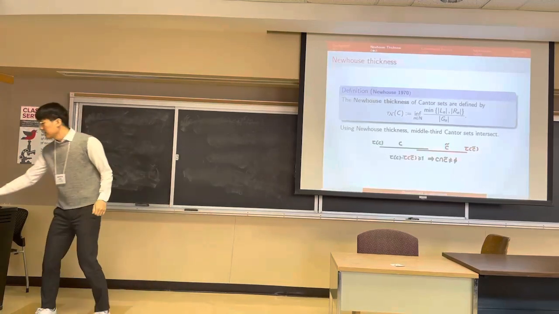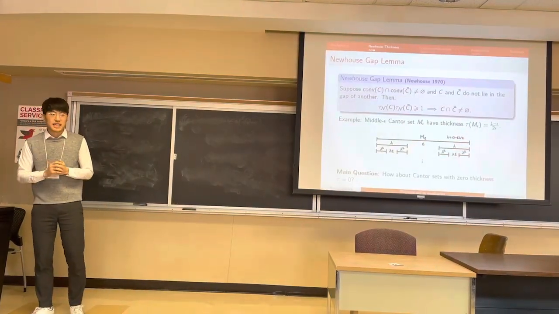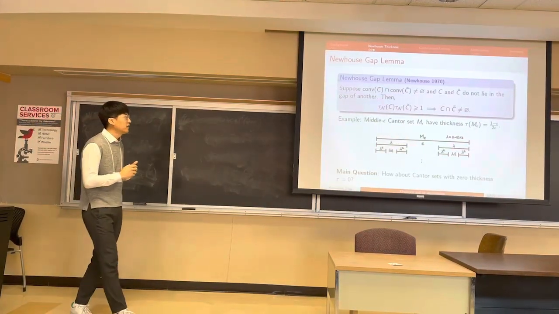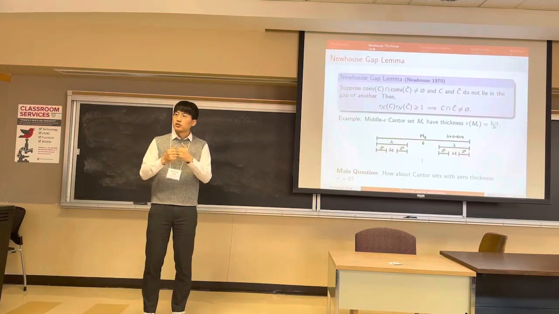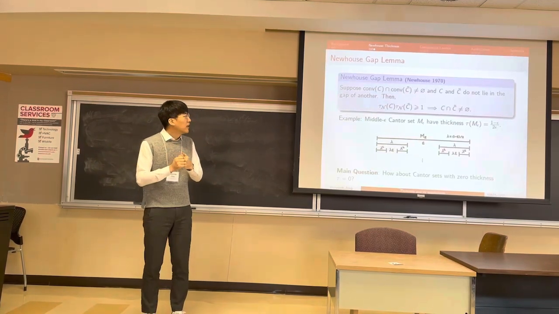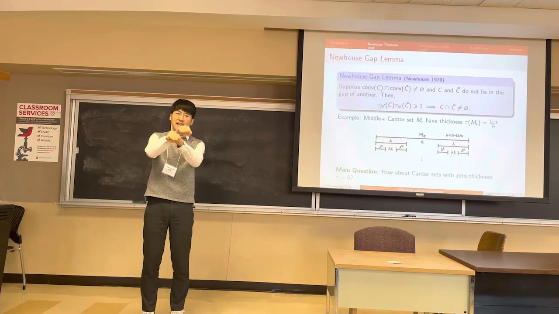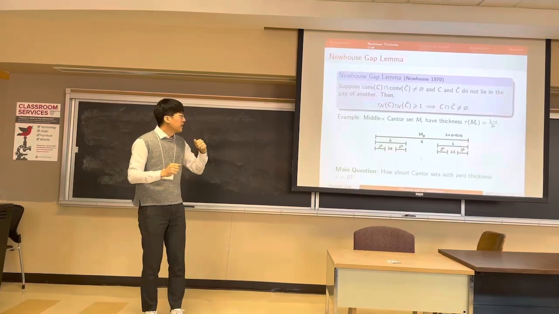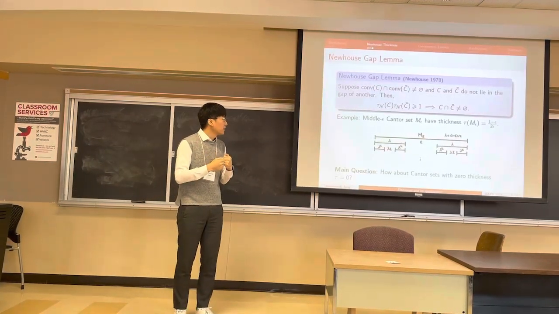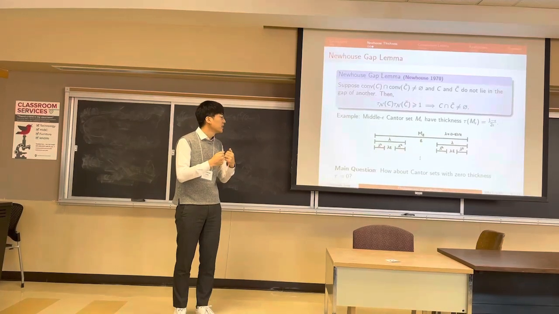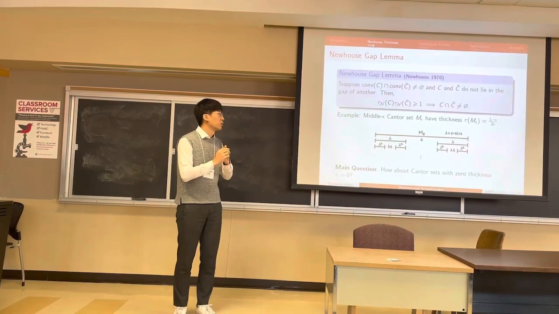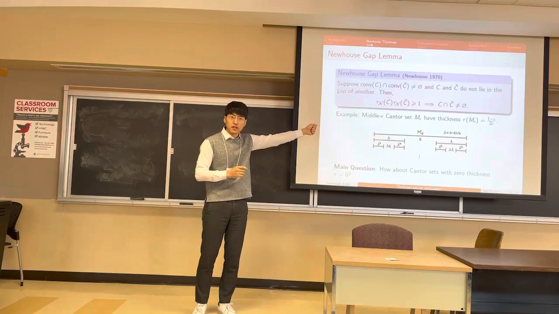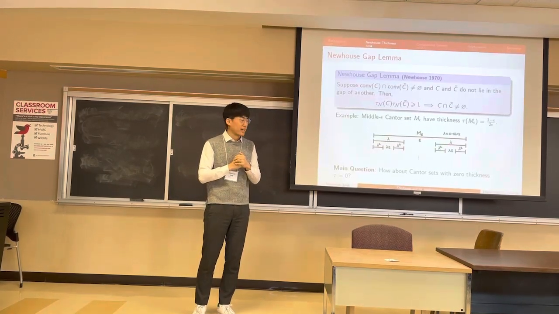And this is precisely stated in the celebrated Newhouse gap lemma, which he also proved in 1970. So if we have two Cantor sets whose convex hulls are not disjoint, and if one Cantor set does not trivially lie in a gap of the other, then it is enough to take the product of the thickness of those two Cantor sets to be greater than or equal to 1, which would directly imply that they would intersect.